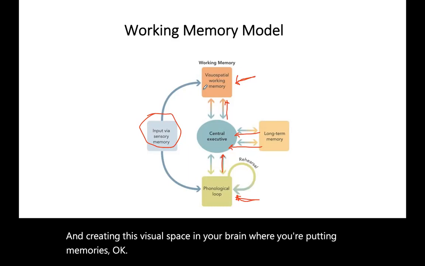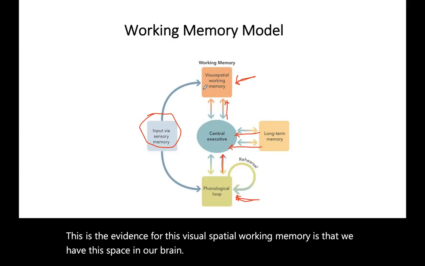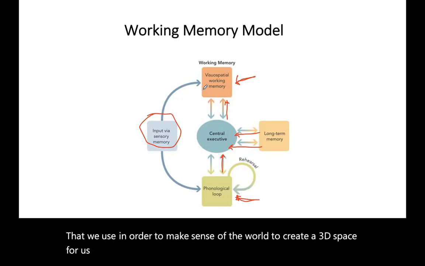This is the evidence for this visual spatial working memory, that we have this space in our brain that we use in order to make sense of the world, to create a 3D space for us to work with information, okay?